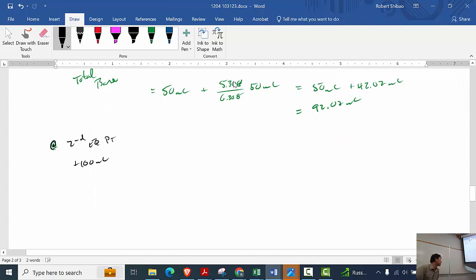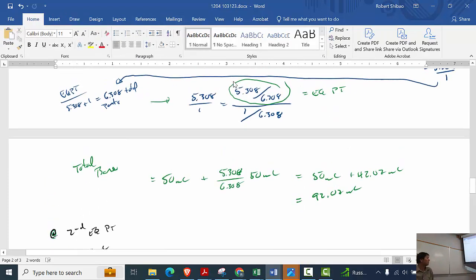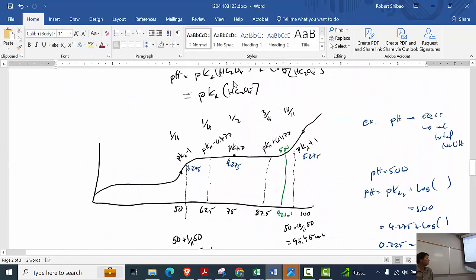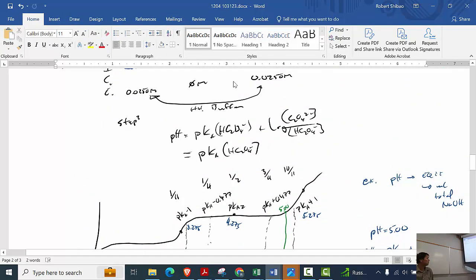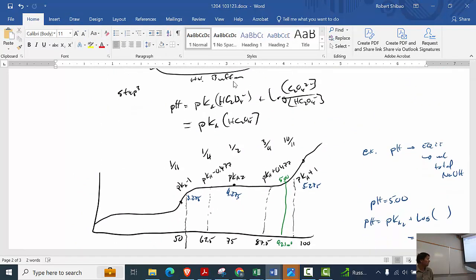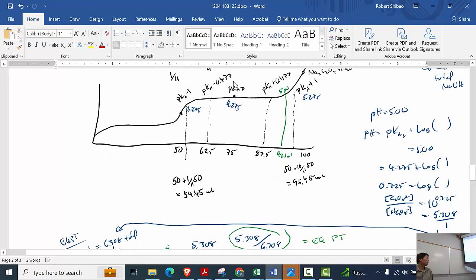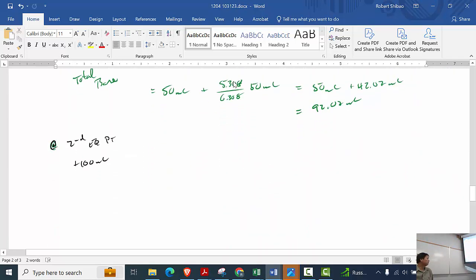The salt we expect is actually going to just be oxalate, as once I neutralize all the hydrogen oxalate, all I'm going to have left over is oxalate. And so the salt here is just going to be sodium oxalate and water. And so for something like this, I have to do it the long way.